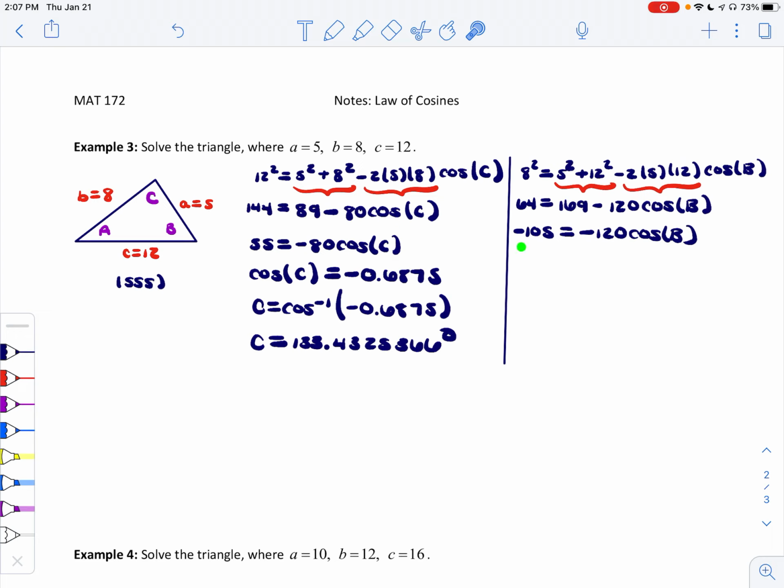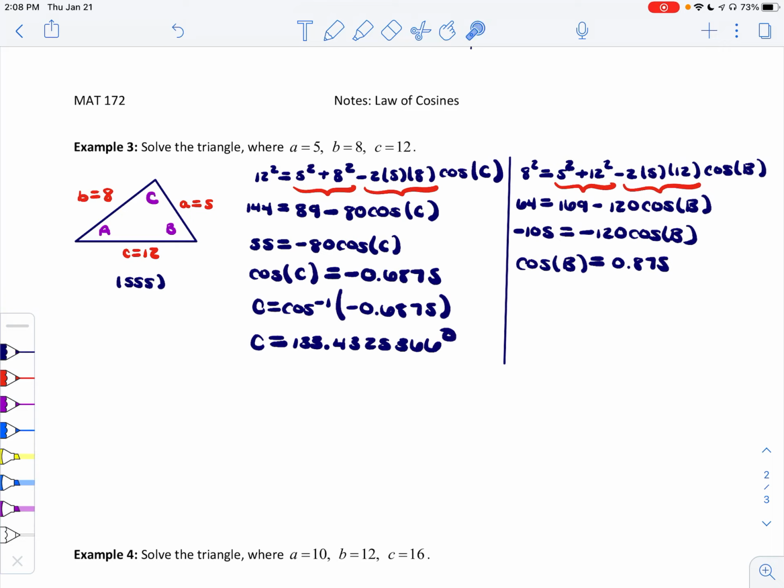Then divide both sides by negative 120, and we get cosine of angle B is equal to 0.875.